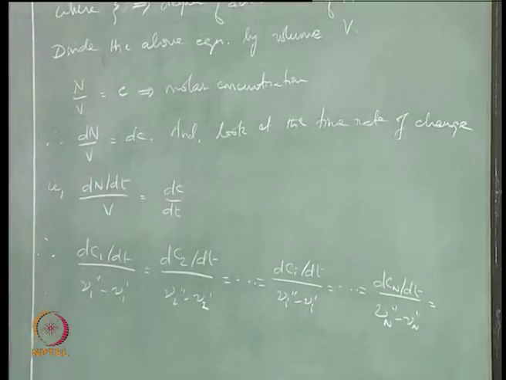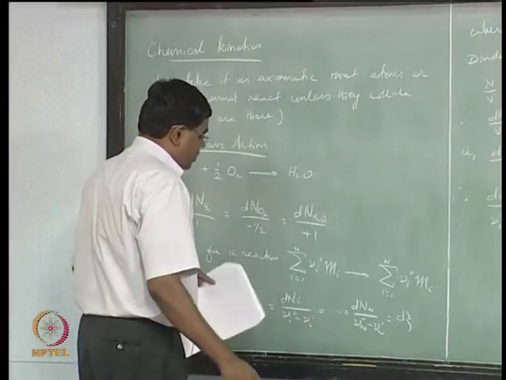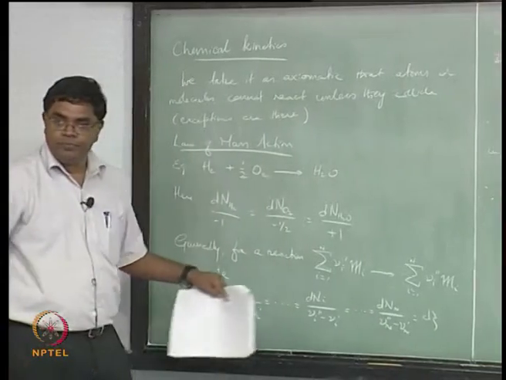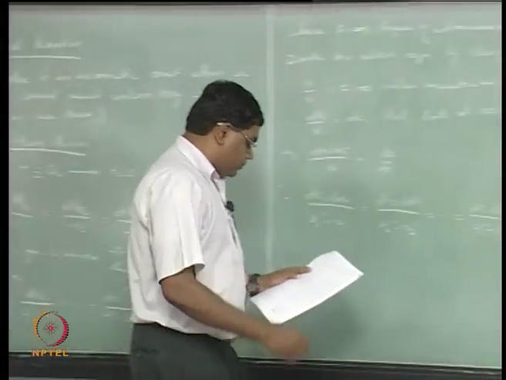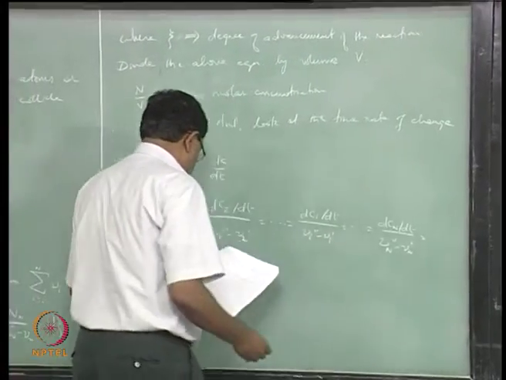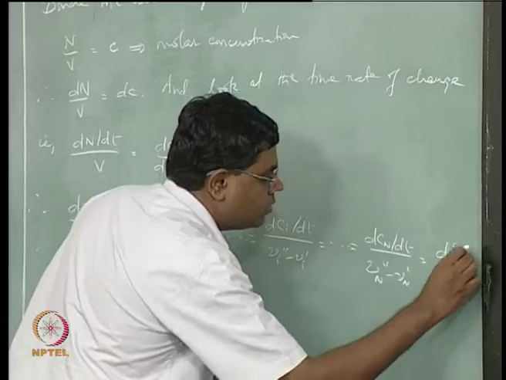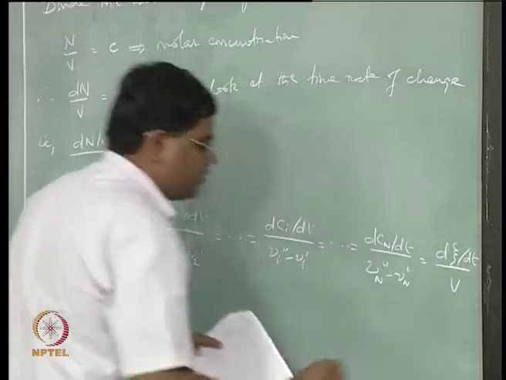So what happens finally, right? So you now have a d psi over dt divided by volume, right? So you now have, okay.